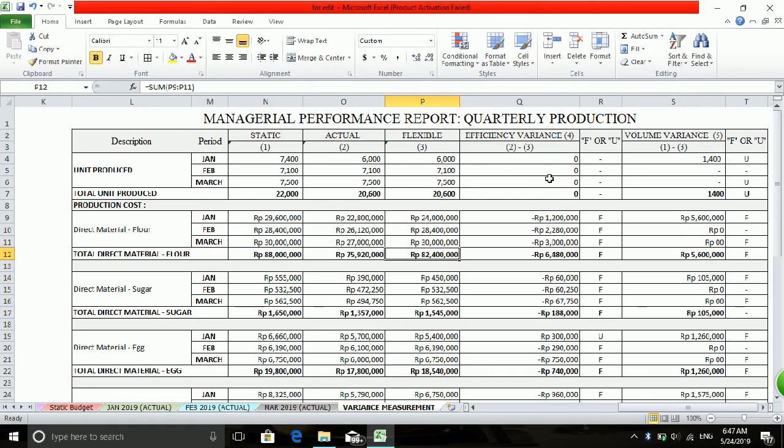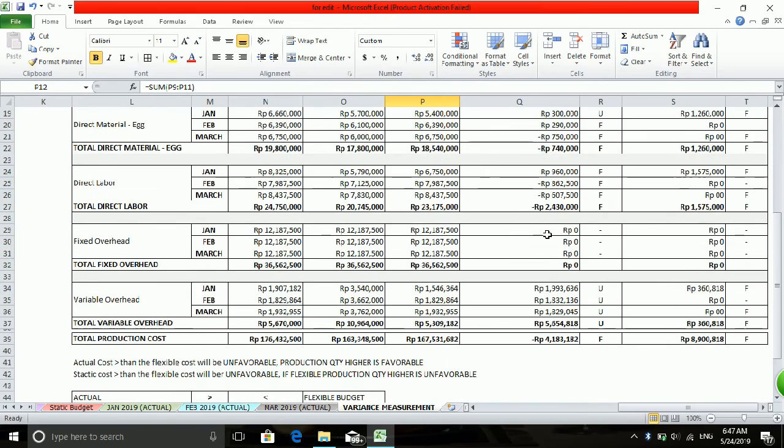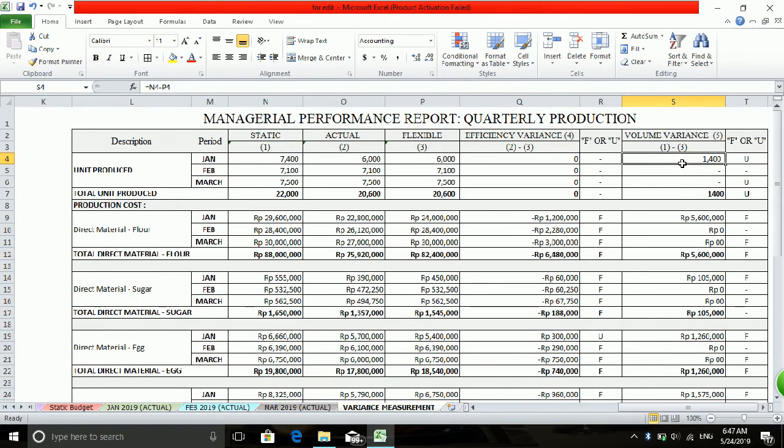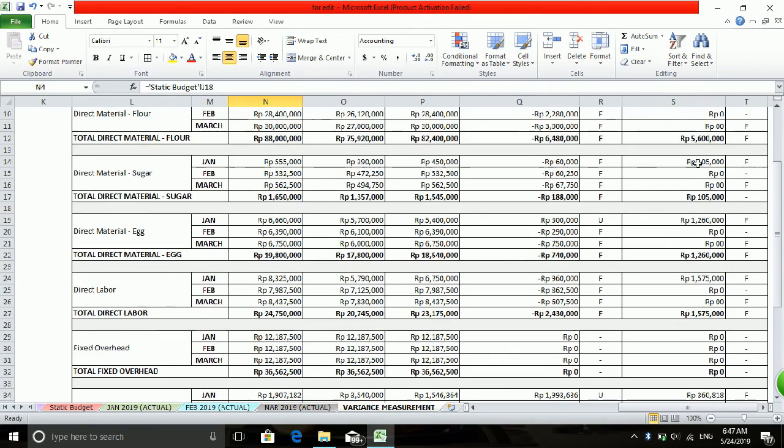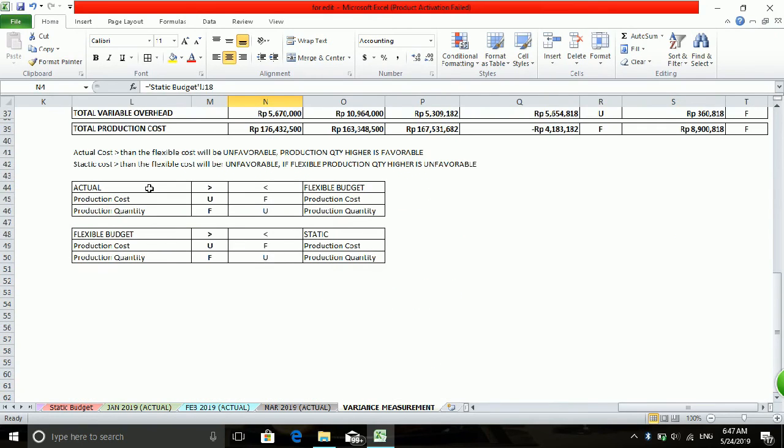For the efficiency variance, it will be actual nominal less flexible nominal, and you will get the variance. And for the volume variance, it is static nominal less flexible nominal, and you will get the variance too. If the actual production cost is bigger than the flexible production cost, it is unfavorable.